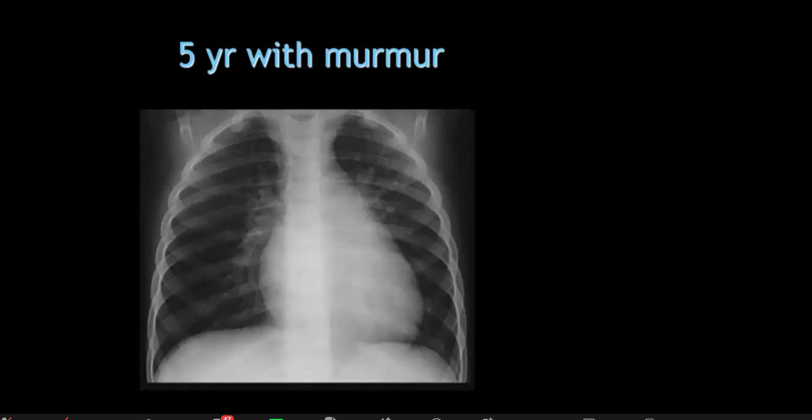So a slightly older child with mild cardiomegaly and shunt vascularity. I think this is probably, given the age, an ASD rather than a VSD or a PDA. I can't see any rib notching or anything else that would make me think otherwise.